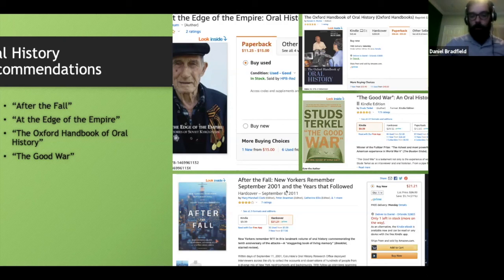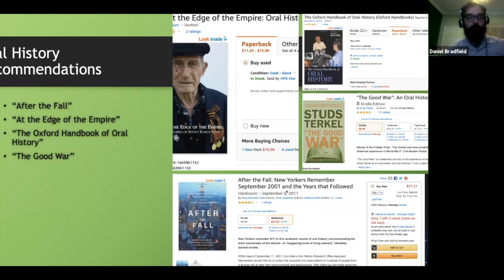The Good War by Studs Terkel is a really great book on the American experience during World War II. It's not just soldiers, it also has factory workers back in the United States, and loved ones of soldiers who went abroad. And for anybody who is actually interested in doing oral history, the Oxford Handbook of Oral History is incredible.